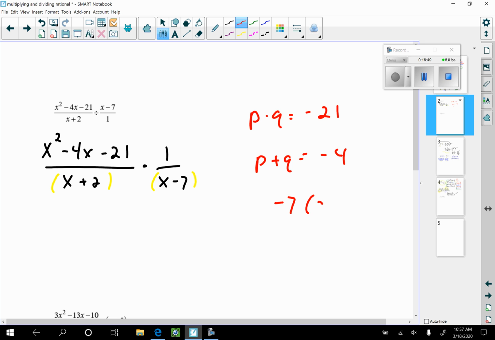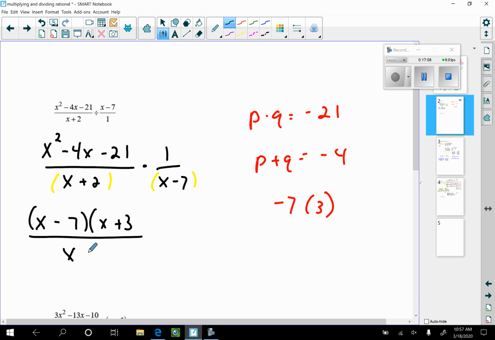Negative 7 and 3. Yeah, negative 7 times 3 is negative 21. Negative 7 plus 3 is negative 4. So I don't need to use the AC method. It's going to be x minus 7 times x plus 3.